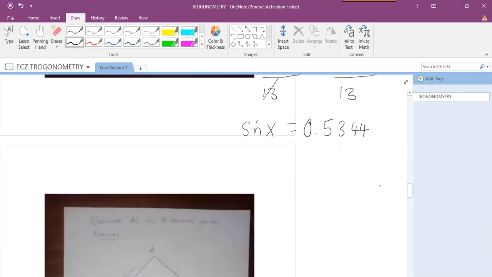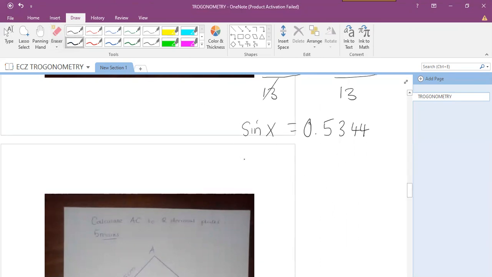Yes. So again, you've seen every time we're finding an angle in trigonometry, we have to use the inverse of sine, because we can't say divide both sides by sine. What are you dividing sine by, or tan by, or cosine by? So what we're going to use is the inverse of sine.